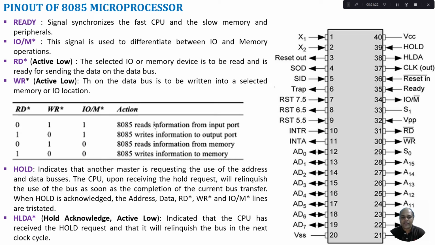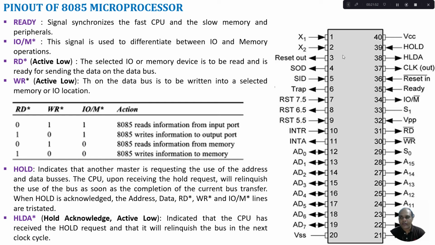So 8085 reads information from the input port. In the same way, 1 0 1 indicates again an IO operation, and the CPU is going to write to the IO port. So 8085 writes information to the output port. In case IOM bar is 0, it indicates a memory operation, and whether it is memory read or memory write is specified.